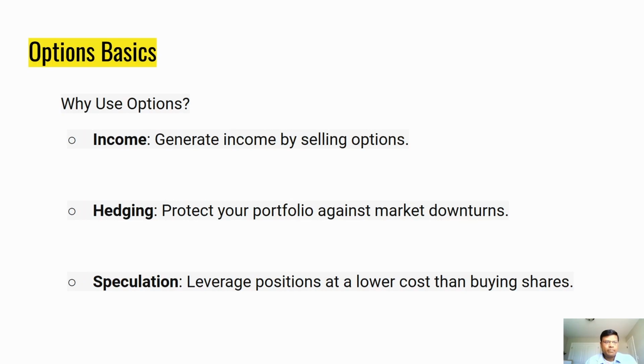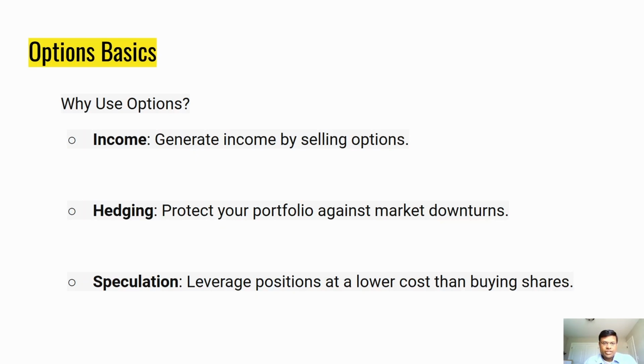So let's go a little bit in detail about why options are used by people. Primarily for three purposes. You can generate regular, daily, weekly, monthly, quarterly, annual income by selling options. So it's an income generation tool.